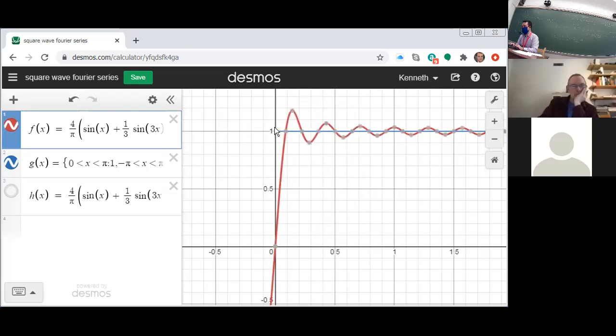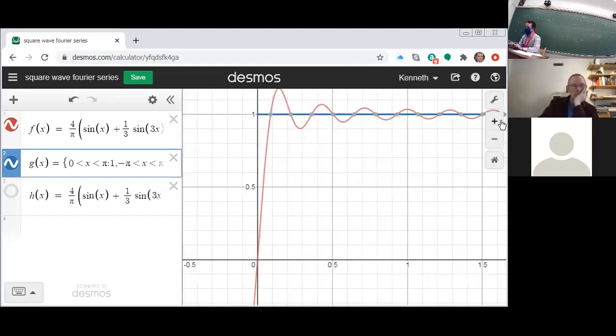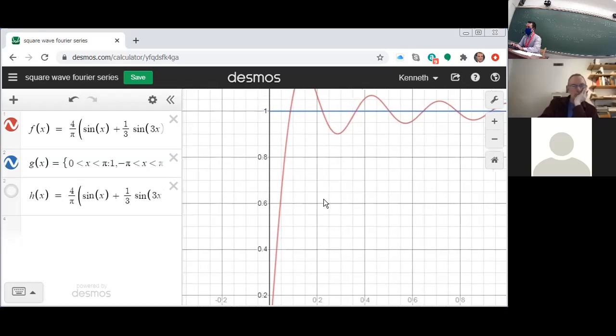It's always going to be bigger than 1/2, for instance. No matter how large an n you pick, I can always zoom in and find some x value where the red line is below 1/2. And that distance will always be there.